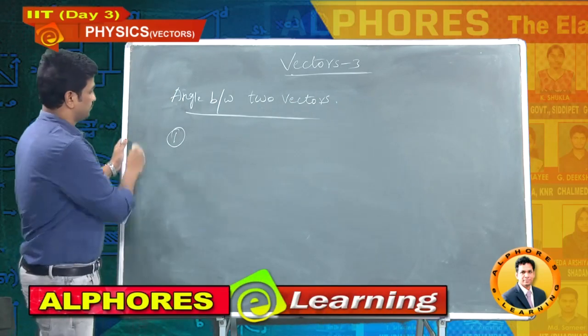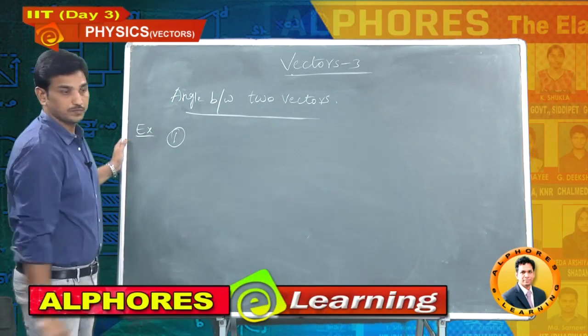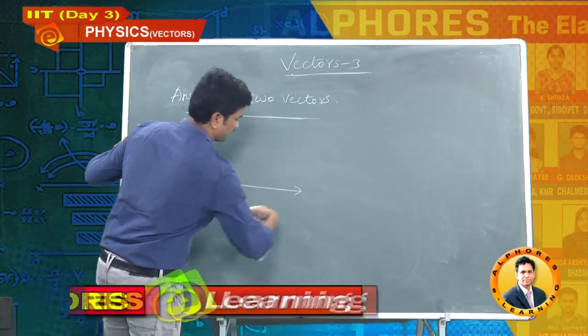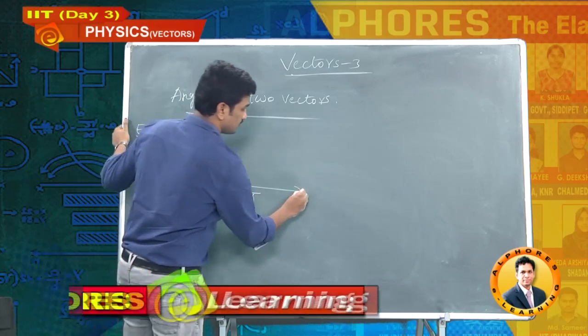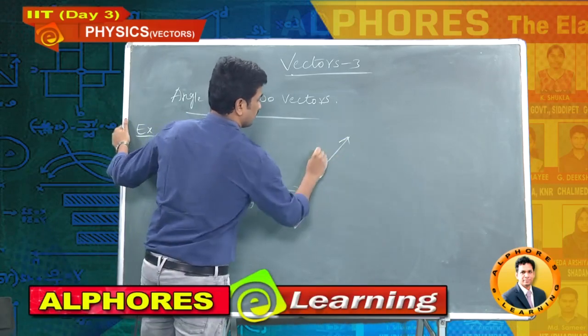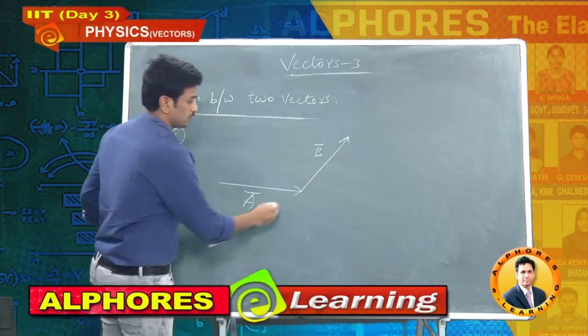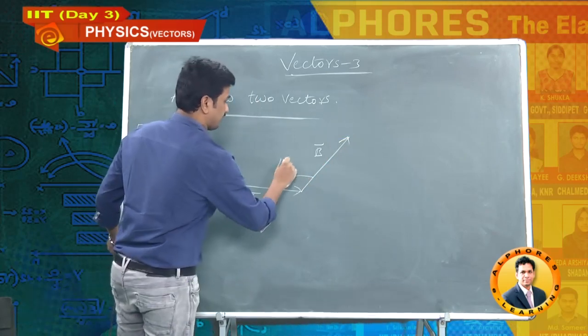Example 1. A bar vector, B bar vector. Let this be 150 degrees.